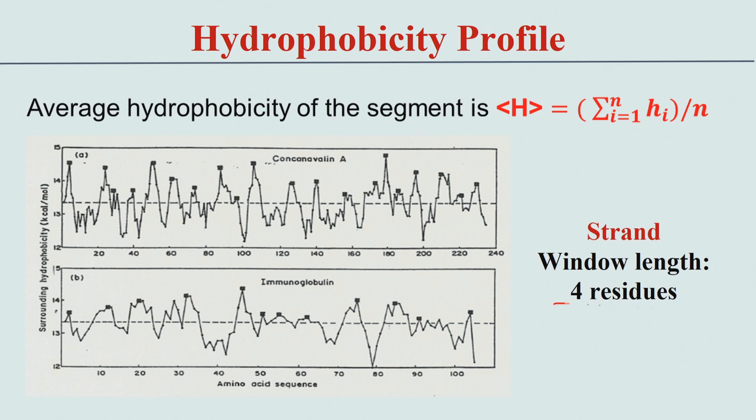Here we use a window length of 4 residues because short beta strands occur frequently in protein structures. Again we make this plot and see there are several peaks. Each peak represents a beta strand. For example, if it starts at residue 4, then the 4 residue segment covers residues 4 to 7.